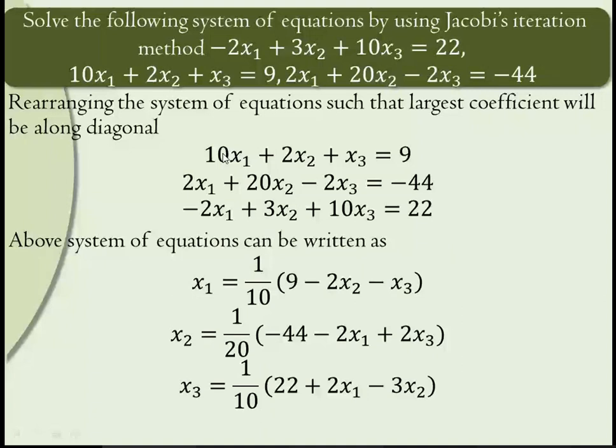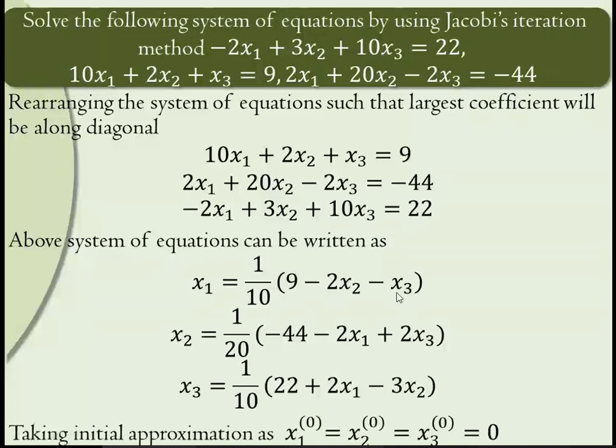Okay. Now, initially put all x1, x2, x3 on the right hand side as 0. That we call the zeroth approximation or initial approximation. So take x1, x2, x3 as 0. Put it into the right hand side of these equations.